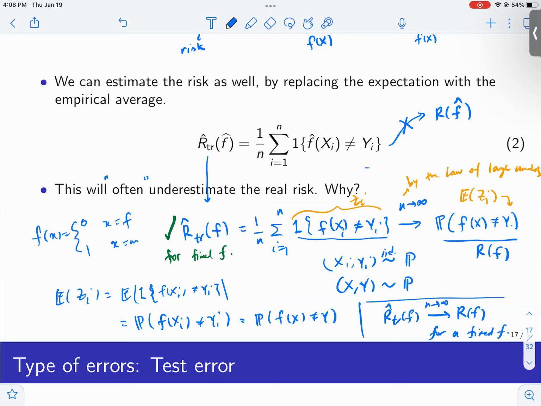What assumption of the law of large numbers is violated if I use it for the f hat, which I learned from the xi, yi's? Yes, they're no longer independent. Why are they not independent?